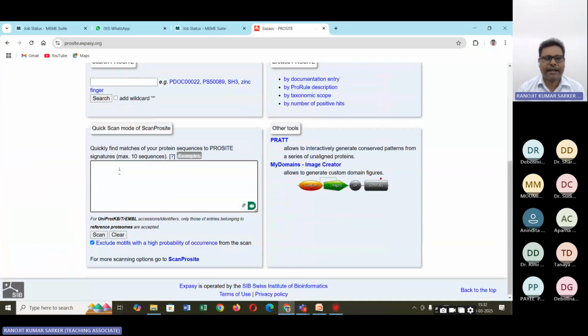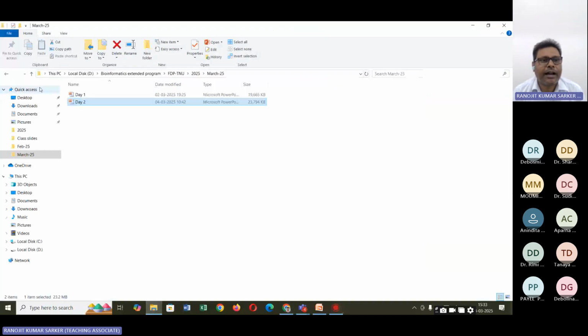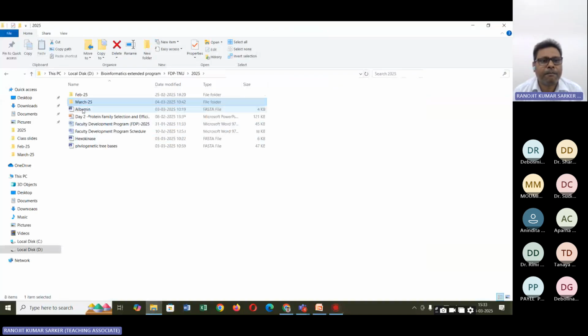Now we are going to see whether there are any patterns in my sequences. Say I have got some sequences from databases. I have already downloaded some sequences.